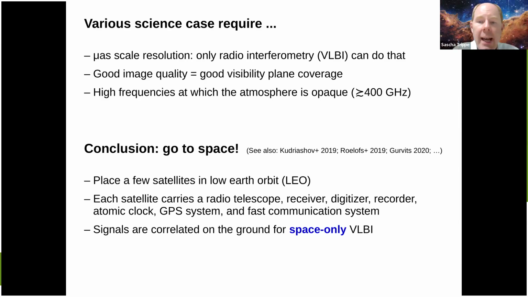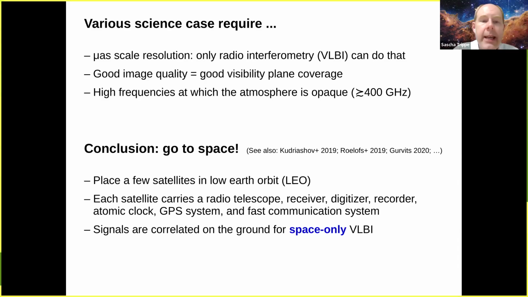So each satellite essentially has a full VLBI station, a full radio observatory with all the equipment needed to not only receive the signals from the sky, but to actually record them and process them as far as needed. So we need a radio telescope on board, receivers, digitizers, recorders, frequency reference systems, navigation, etc., and fast communication from the satellite to the ground.